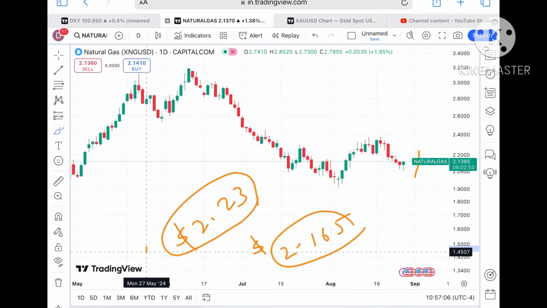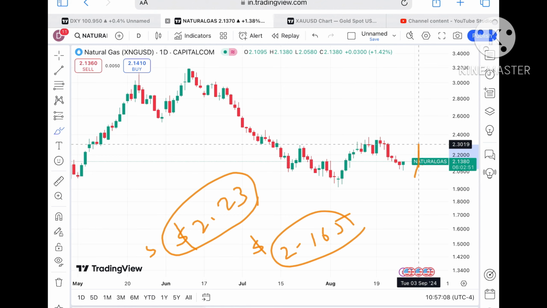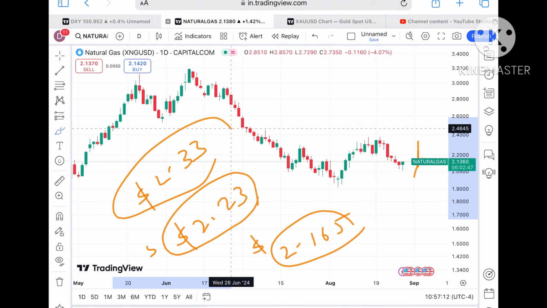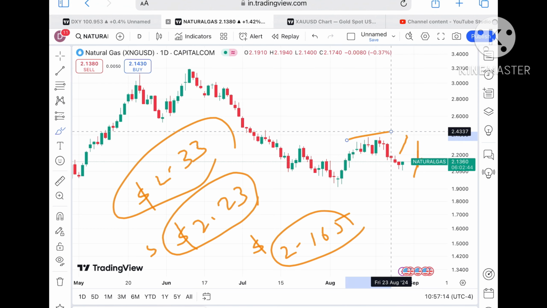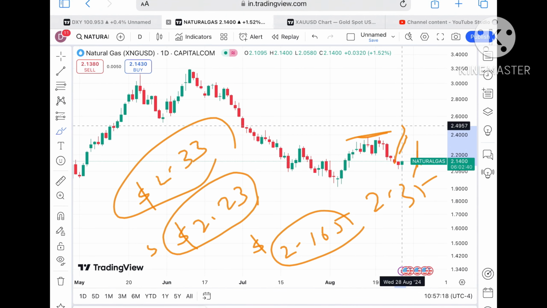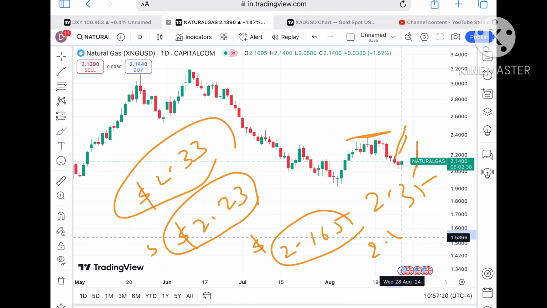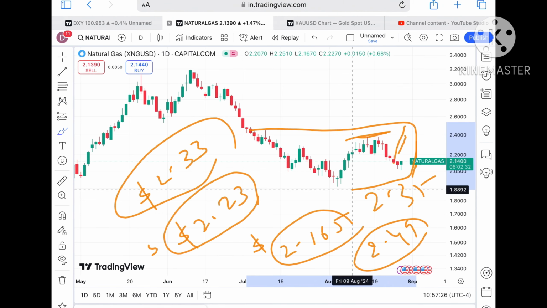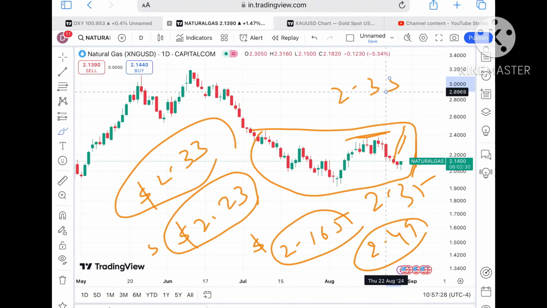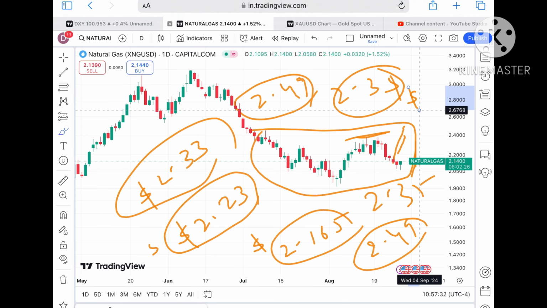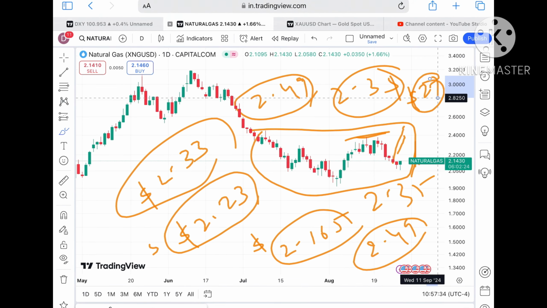If the price moves above that level, chances are very high it will cross this level and go towards $2.33, and if that sustains, it will cross a level of 2.35. This level is already being tested, so chances are high it will cross this level and go towards 2.49, and then we can see further upside movement. So keep in mind that as soon as the price starts hitting above 2.3, there is a chance of touching a level of 2.49, and from there a further upside towards 2.7 and then higher.